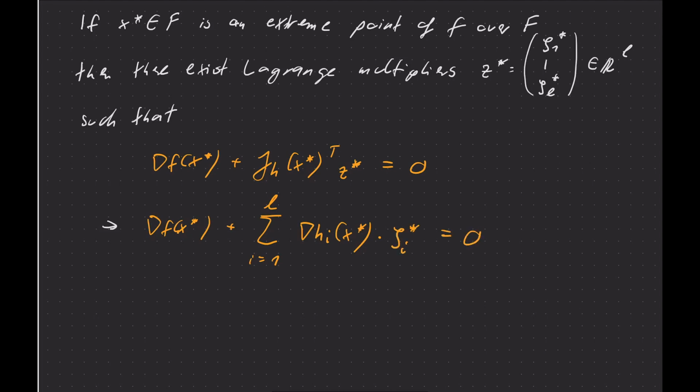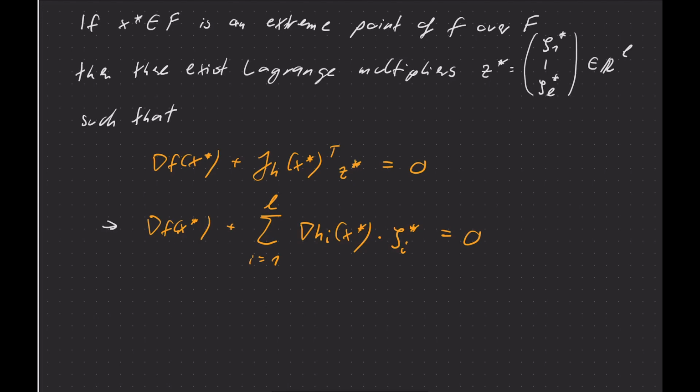So that needs to be 0. It's almost the same condition as with non-constraint optimization. In non-constraint optimization, we would just have that gradient, and now we just have to add this penalty term for the constraints. But of course, we have to know the right Lagrange multipliers.